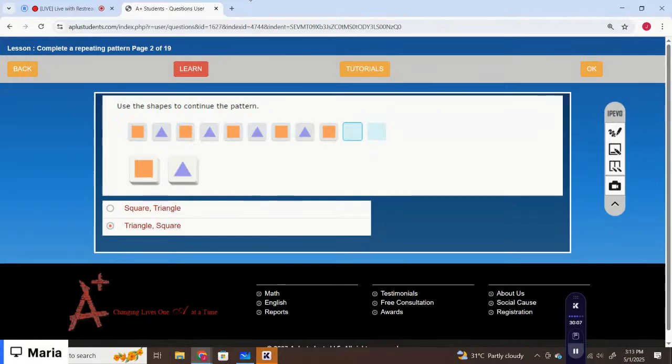Triangle, square. Option number two is the correct option. The next one in the sequence is triangle, square. Option number two is the correct option.